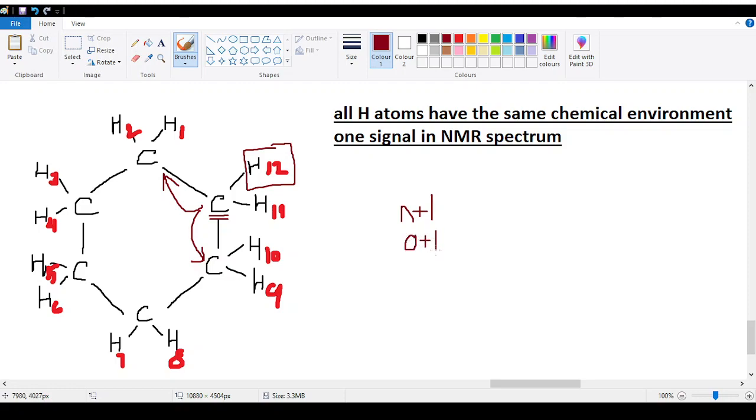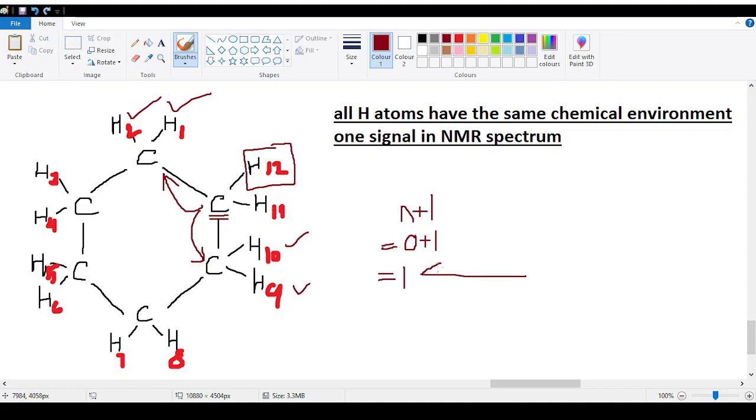Yes, we will take zero because those neighboring hydrogens have the same environment as this hydrogen, so we cannot consider them. Is that fine? Yeah, that's fine.